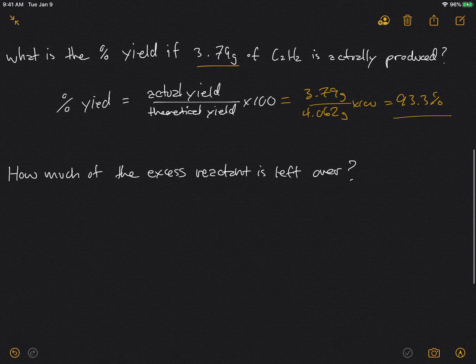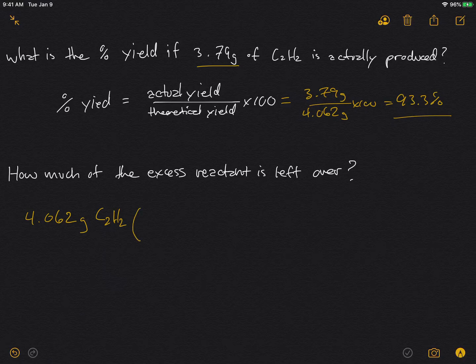Another question that you might be asked is how much of the excess reactant is left over. So in this calculation, there are actually a few different ways to do this, but let's start with the amount of product that would be formed, the theoretical yield, 4.062 grams, and then we can back calculate how much of the excess reactant was required to make that amount of product.